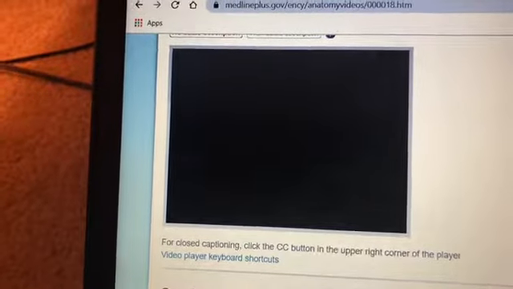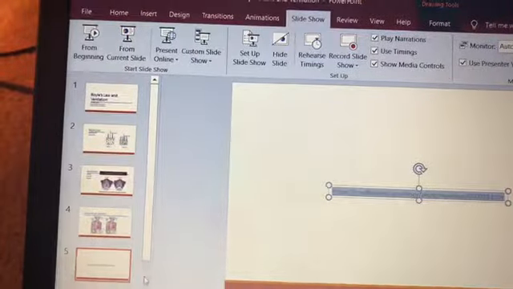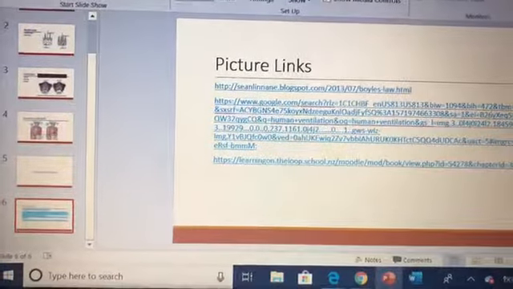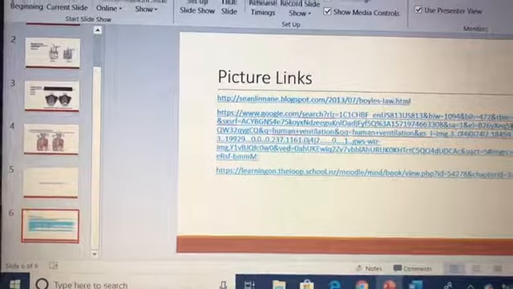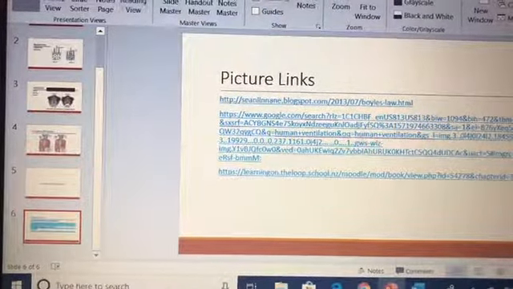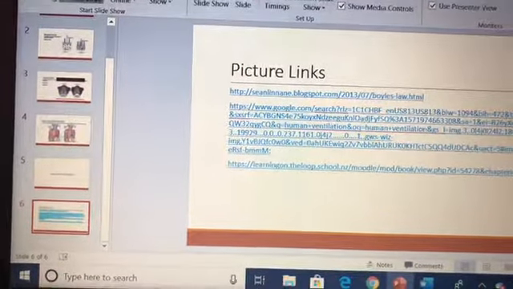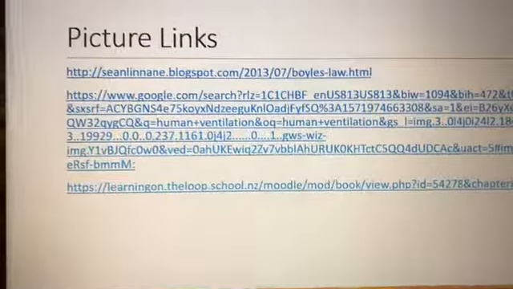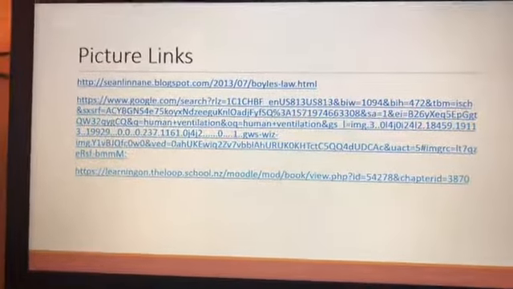And then if I go back to the slideshow, that was my little link. And all right, this is basically the links to my pictures where I got them from offline.